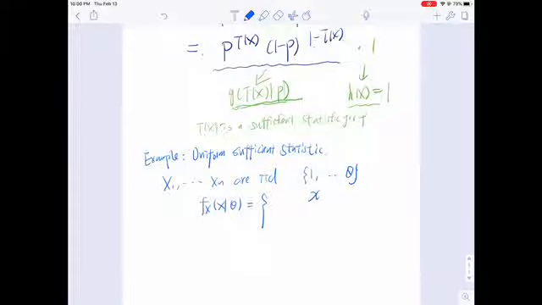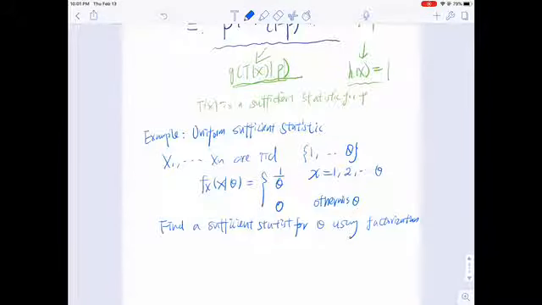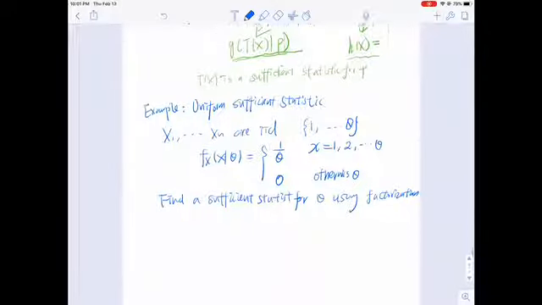If x belongs to the domain of the uniform, then the PDF is going to be 1 over theta. If x is out of the range from 1 to theta, then the PDF of x is going to be 0. And we are going to find a sufficient statistic for theta using the factorization theorem.